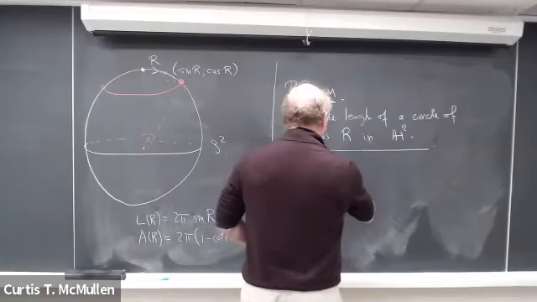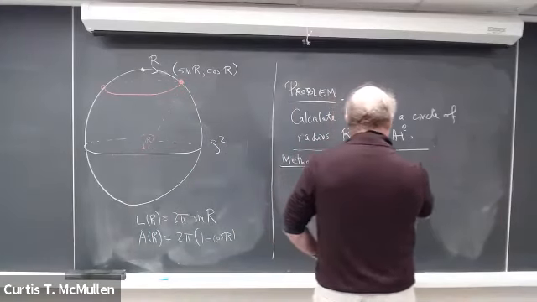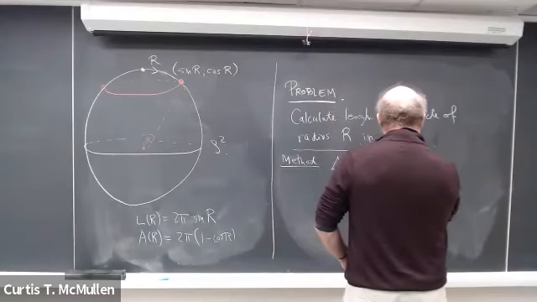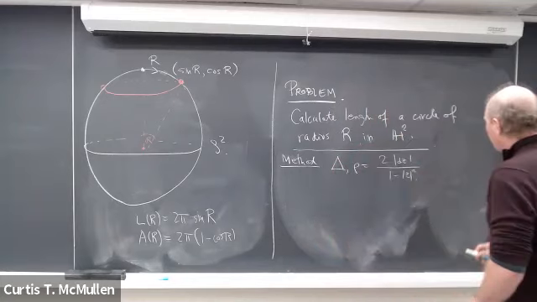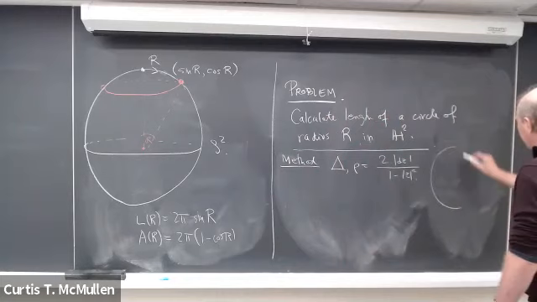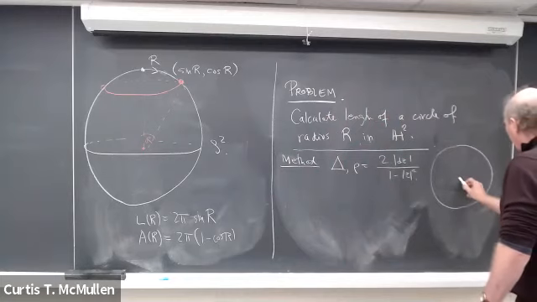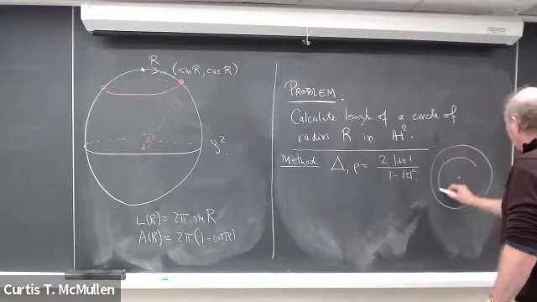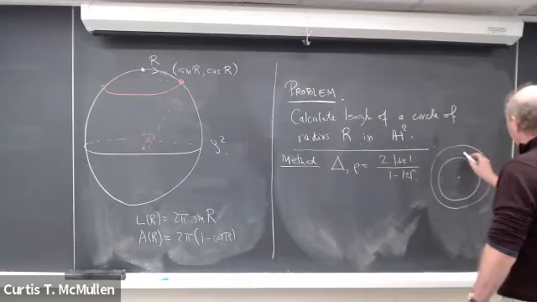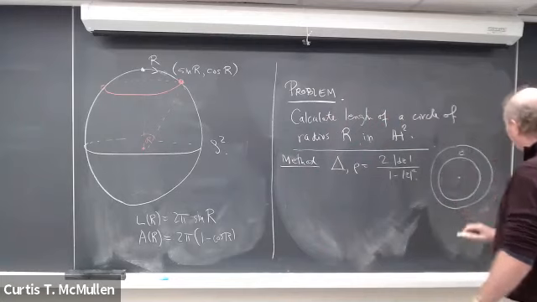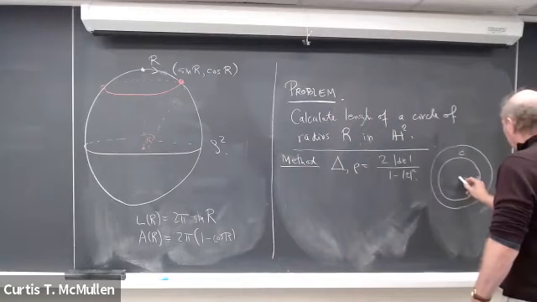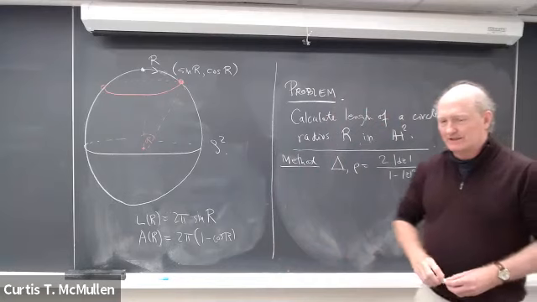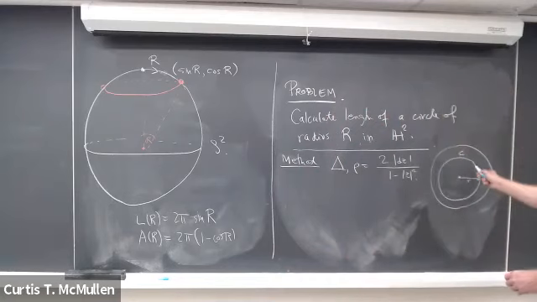Okay, so you worked in the disk model with the metric 2 dz over 1 minus the absolute value of z squared. And let me see if I understand your method. What you were going to do is first write down the length of the circumference in the hyperbolic metric of a circle whose Euclidean radius is r. And what did that come out to be?